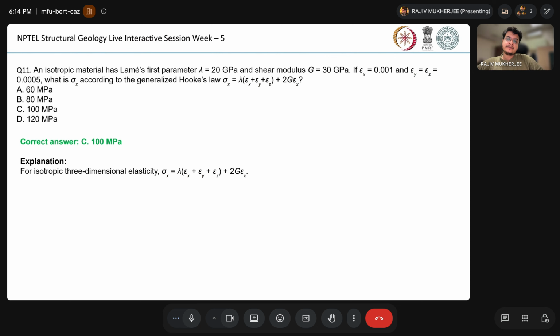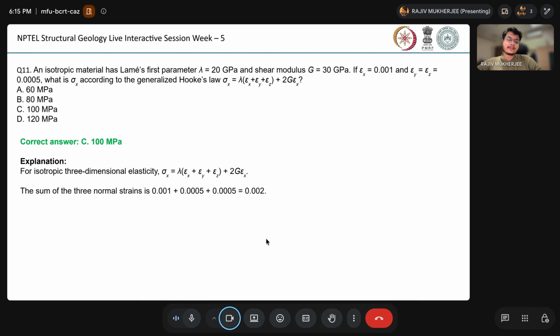If not, then there will be three different constants depending on the direction, right? And we plug the values here.